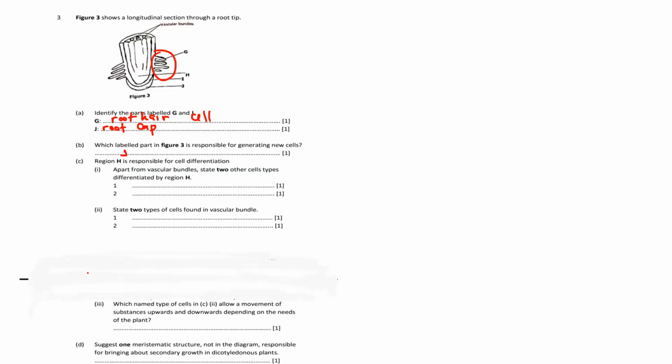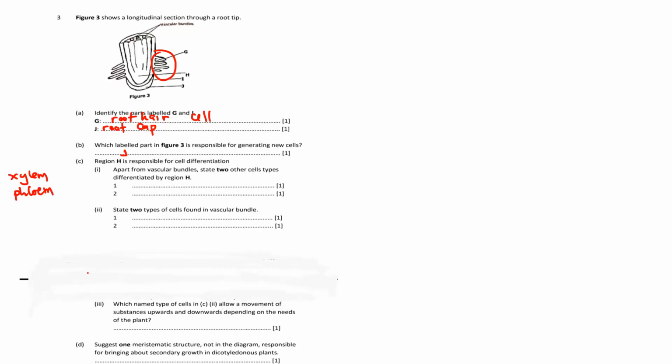All right. Region H is responsible for cell differentiation. Apart from the vascular bundles, state two other cell types differentiated by the region H. So vascular bundles make up the xylem and the phloem. Now they are saying aside from the xylem and the phloem, what other?